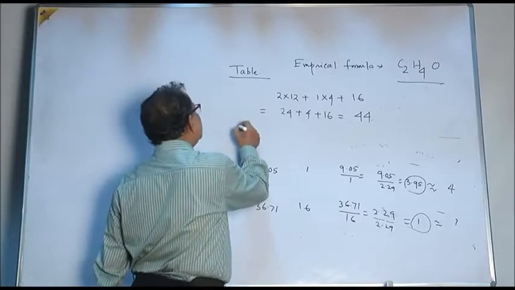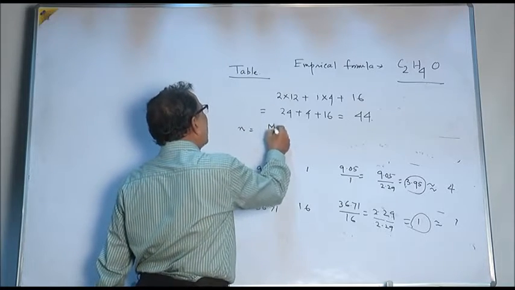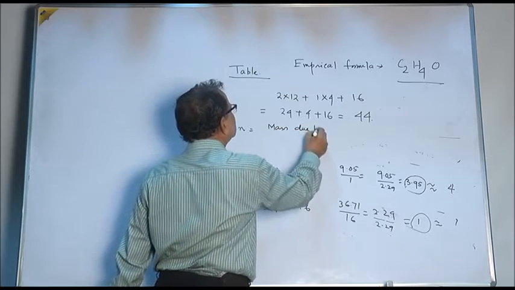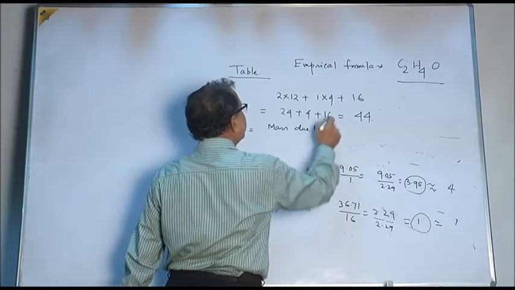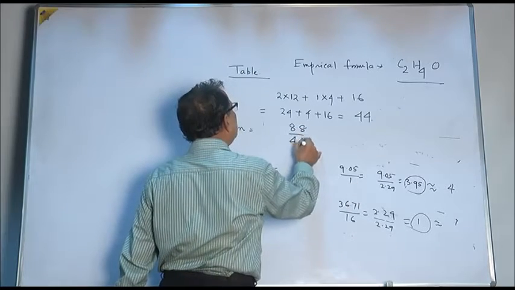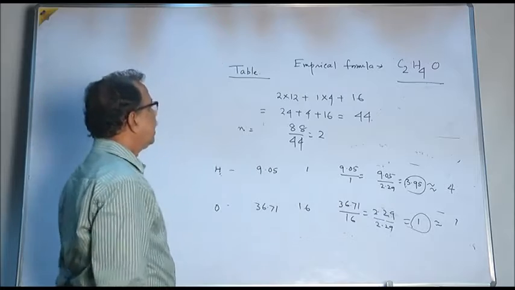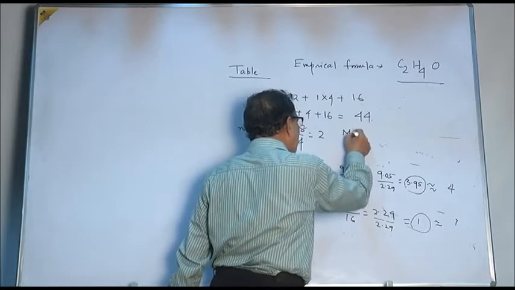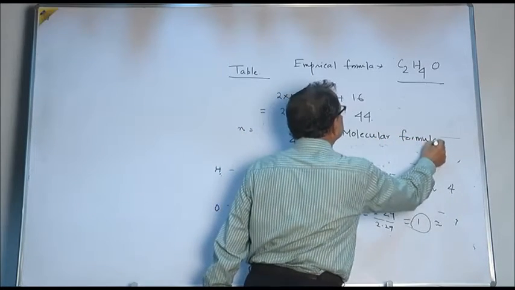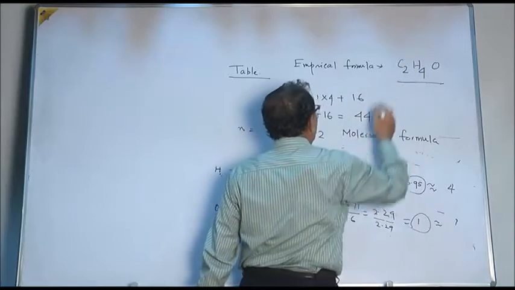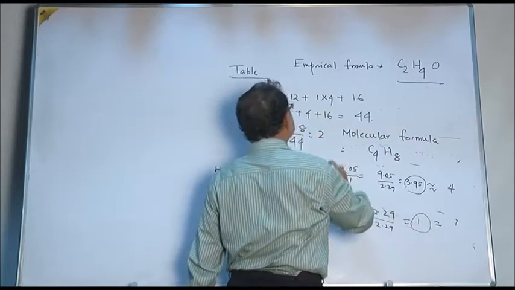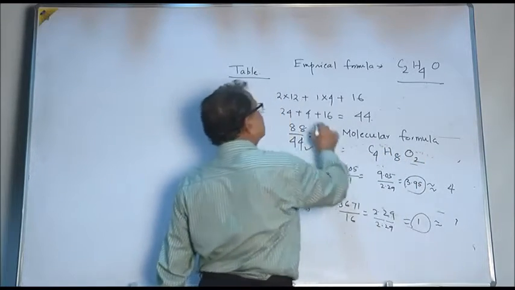So N will be the molecular mass by the empirical mass, that is 88 by 44, which is 2. Hence the molecular formula will be C4H8O2. This is the answer.